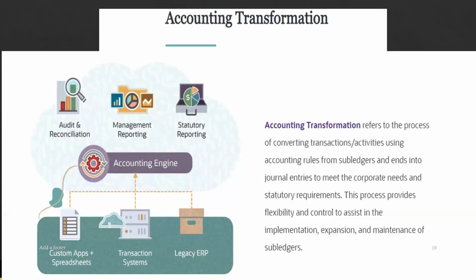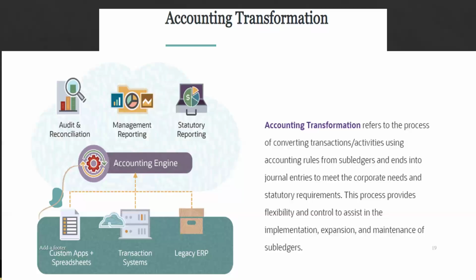Accounting transformation, I told you, right? Whatever we discussed, like P2P, O2C, asset retirement, every transaction, if you take the AP module, invoice creation, payment process, everything, when we create an invoice, it should be transformed to GL. When you make the payment to the supplier, it should be transformed to GL.